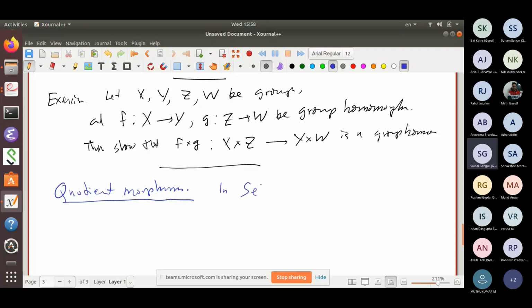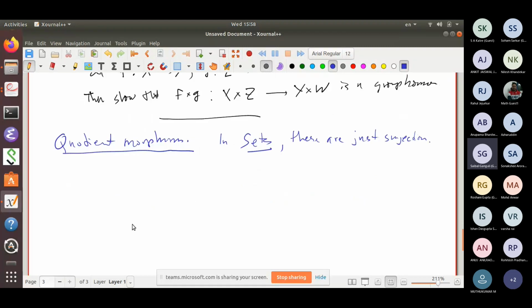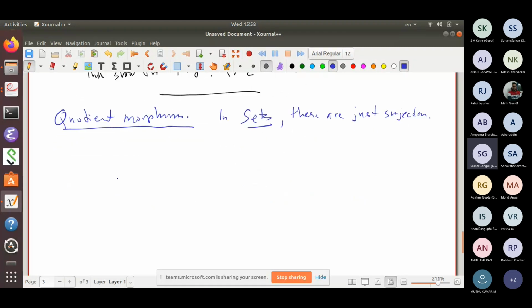In sets, these are surjections. Okay. So what is the universal property? Let's look at the property. So X is a set and Z is another set, and this is F and this is a surjection.